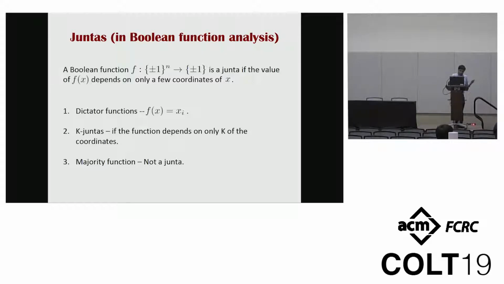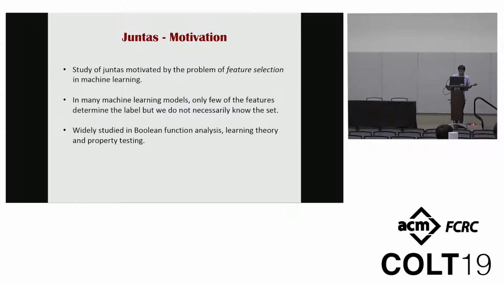And there's a very standard notion in complexity theory, computational learning theory, and so on. A lot of the motivation in complexity theory came from probabilistically checkable proofs, but another motivation comes from the notion of feature selection in machine learning.